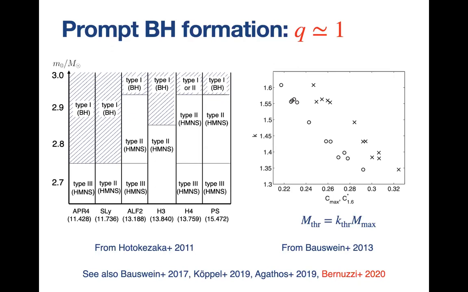And then since this threshold mass correlates with properties of the equation of state, we can invert this relation and say something about the compactness of the maximum mass neutron star or the maximum mass directly. This is why it is interesting to look at prompt black hole formation.